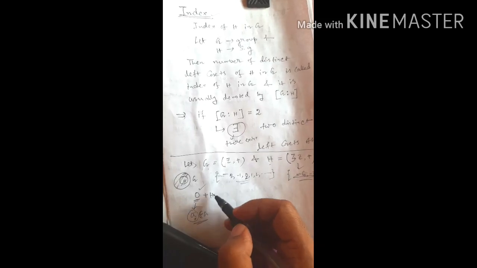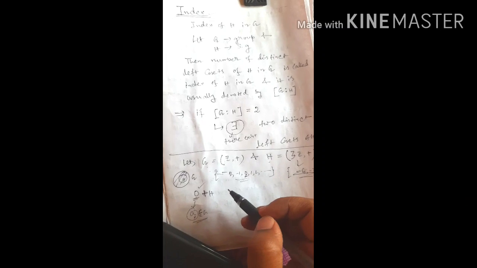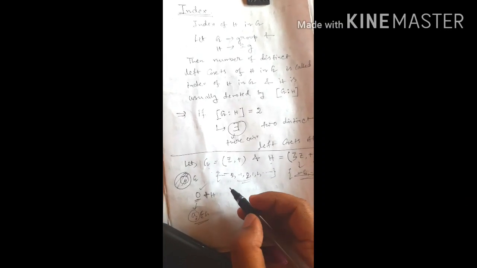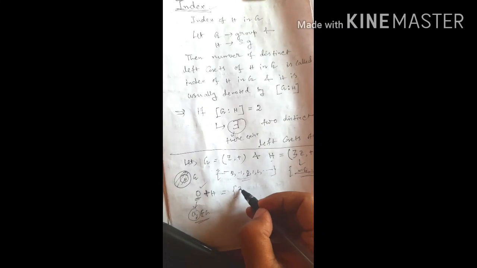So it is mandatory that 0 belongs to G. Take the value of A as 0, and 0 plus H is the left coset, and the elements are 3n, such that n belongs to Z. The elements 3n are actually H itself.